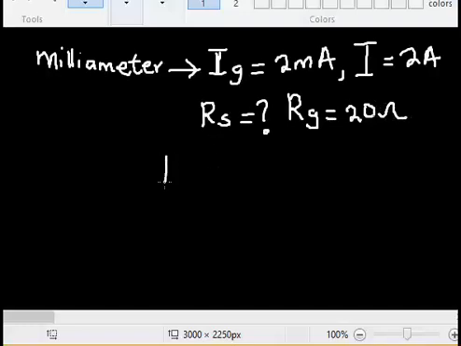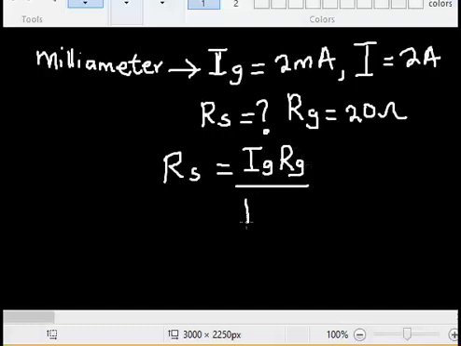So that now brings us to the formula. Don't forget the formula. The shunt resistor is given as Ig RG, divided by the current I minus Ig, the full scale deflection. Please write it down somewhere. So we could do this. Ig is 2 milliampere. You have to convert this to ampere. Converting milliampere to ampere, you divide by 1000.